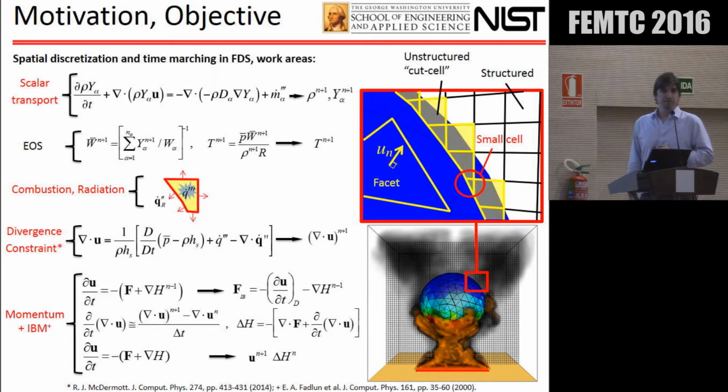And also in the projection method for momentum, we would also have to take this into account with the Poisson equation, and also for the projection, and also to reconstruct velocities around these geometries with what's called an immersed boundary method, which is an extension of what's being used now with the rectilinear geometries, OBSTs in FDS.